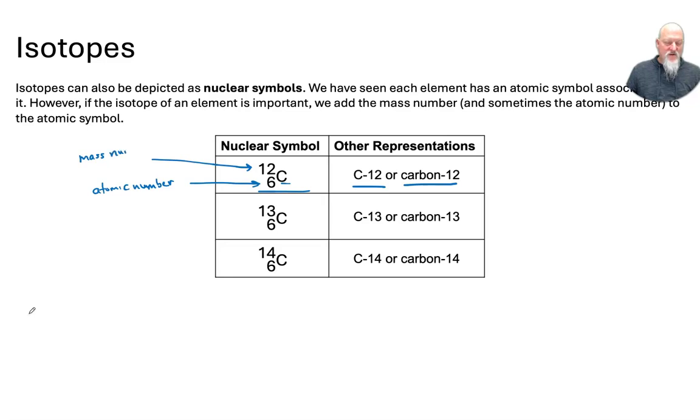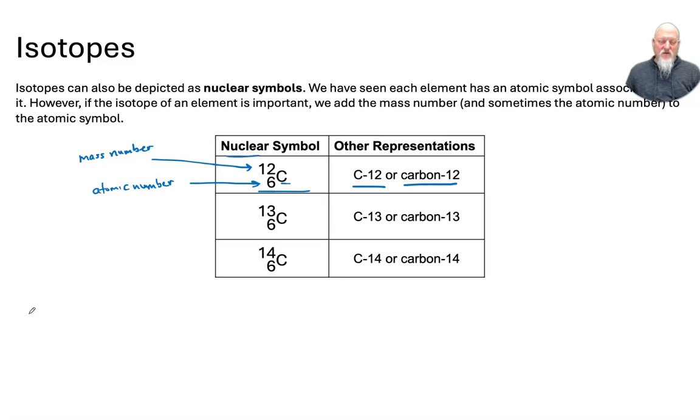So when we're dealing with isotopes of elements, we can provide their name, carbon-12, or their symbol plus their mass number, C-12, or we can provide what we call a nuclear symbol, because it tells us about the nucleus, right? It's got the number of protons, and it's got the number of protons plus neutrons. It tells us all about the nucleus.